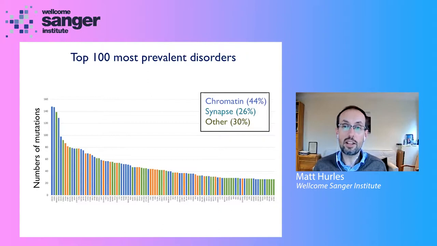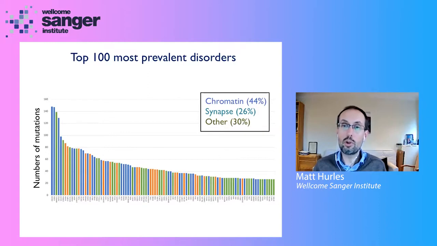And what we find is that in these most commonly diagnosed disorders, almost all of which are caused by new mutations, the biggest functional contribution is from genes that are involved in gene regulation and so-called chromatin genes that are often expressed very early on in neurodevelopment and throughout neurodevelopment.